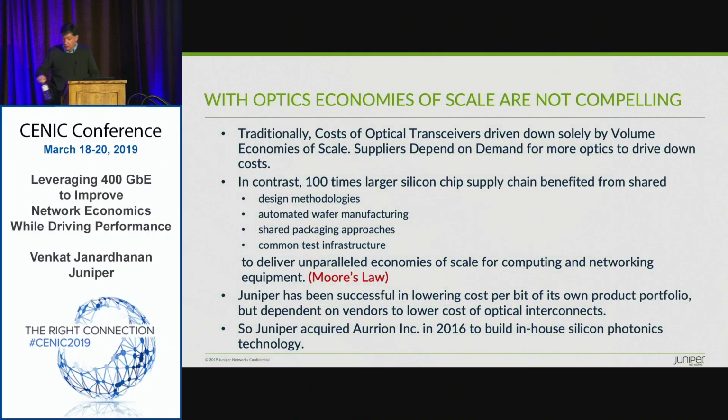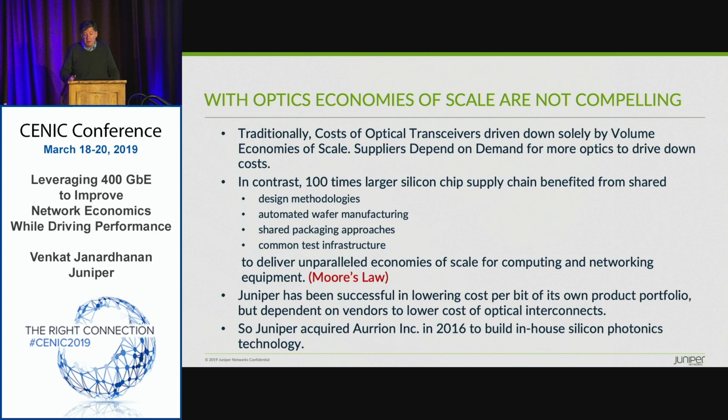So with optics, the economies of scale are not compelling. So when you look at what we do at Juniper, we sell historically third-party transceivers on all our equipment. And so if you bought 400 gig from us now, and I think you can, this is all brand new, it would be a third-party transceiver.